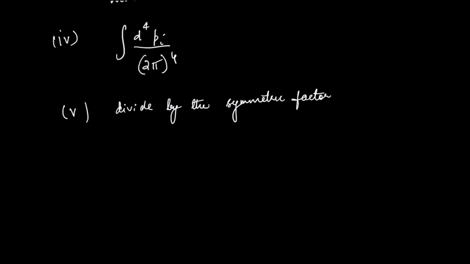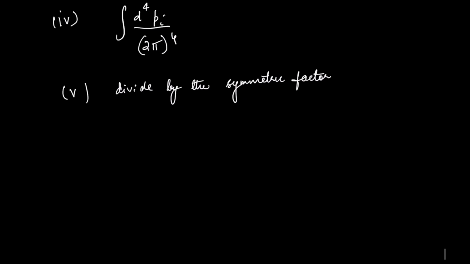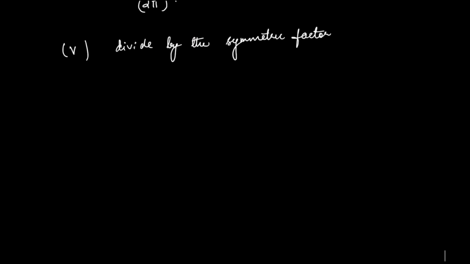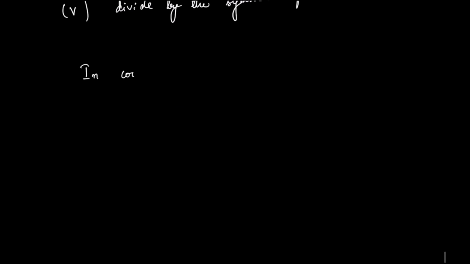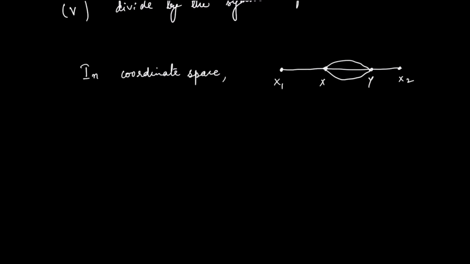Now let's take an example. Okay. In coordinate space, I have x1, an external point, then x, y, x2, right? Then I can have something like this.